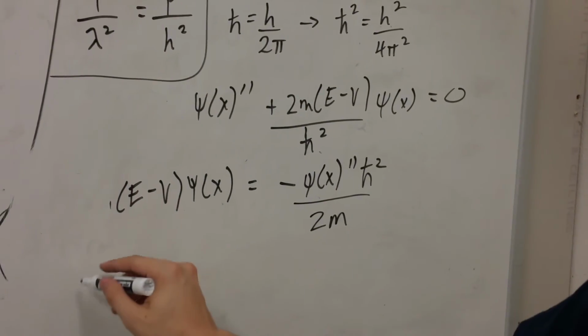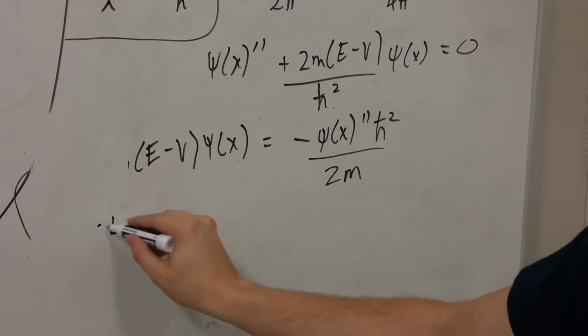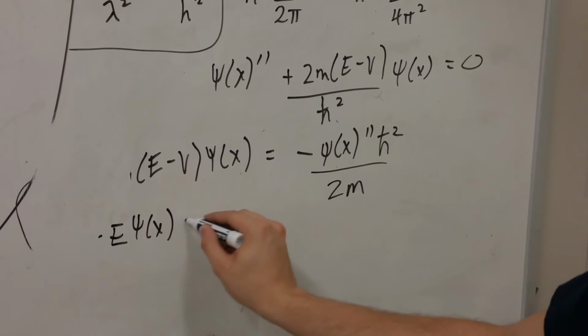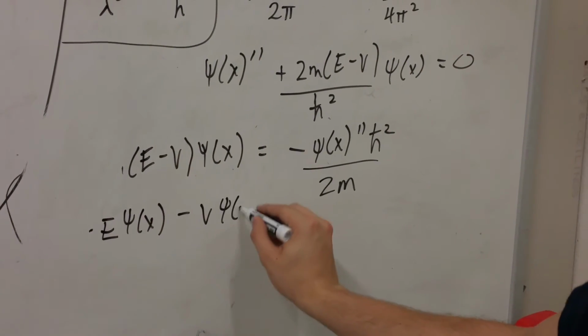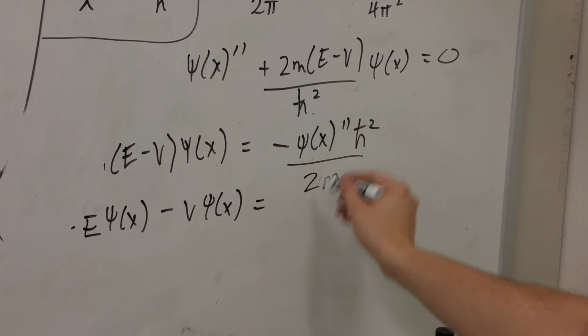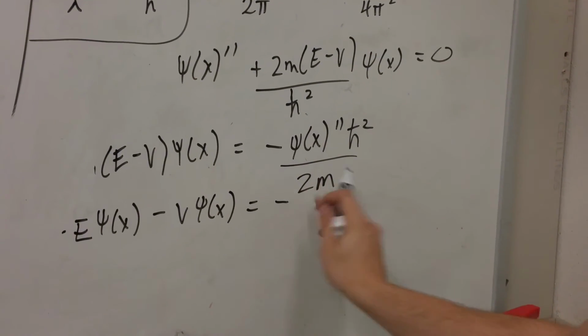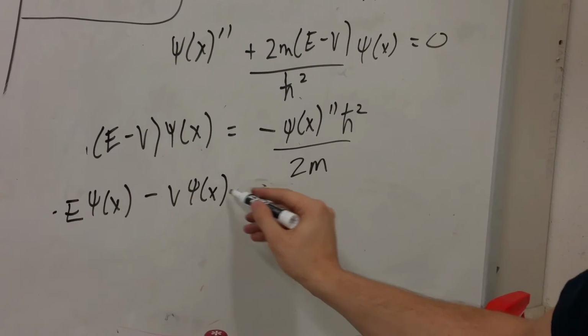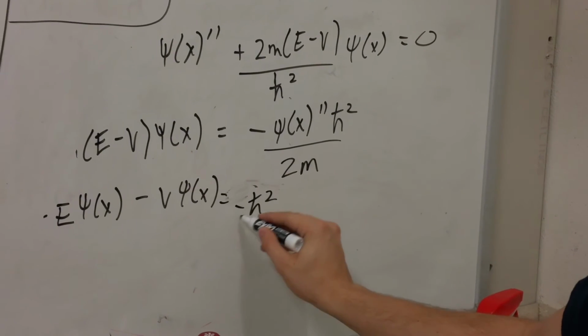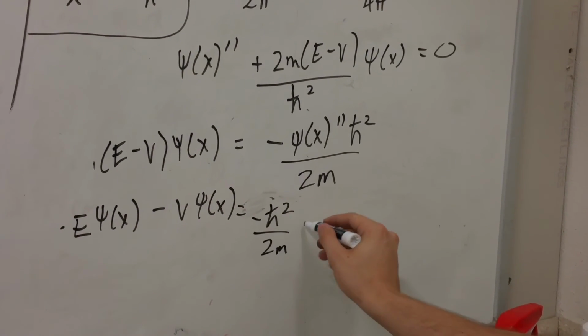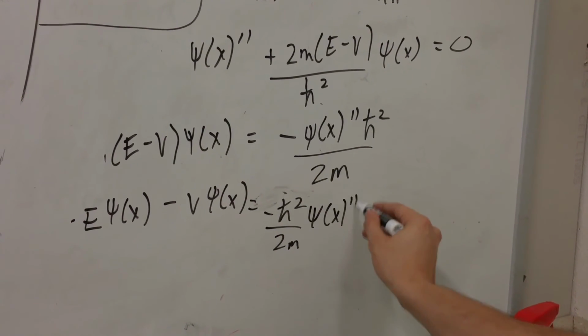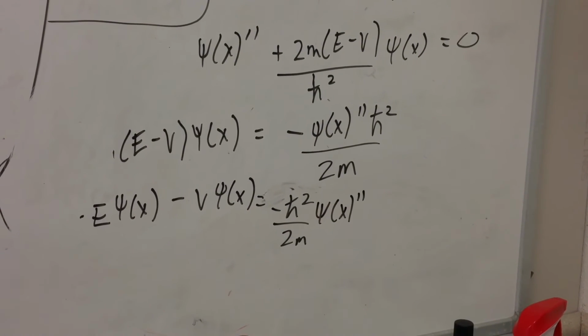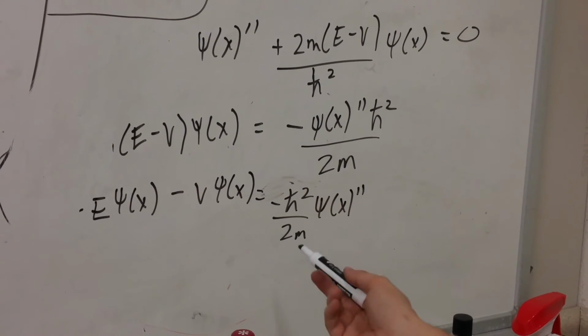And now we have this form distributing here, E psi of x minus V psi of x equals all this business, equals minus h bar squared over 2m, second derivative of the wave function. And that is the Schrodinger equation, right there.